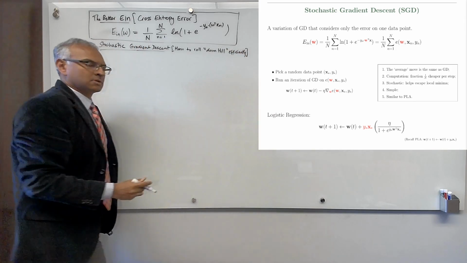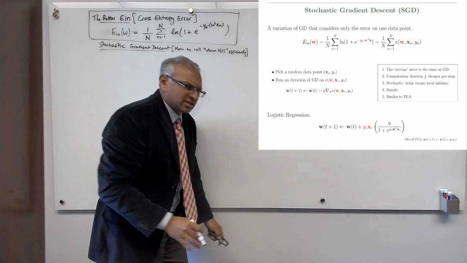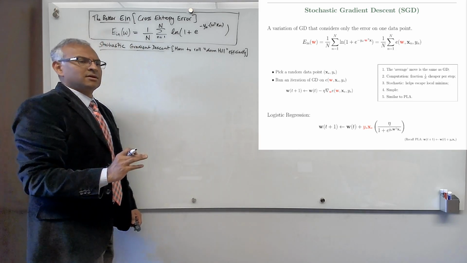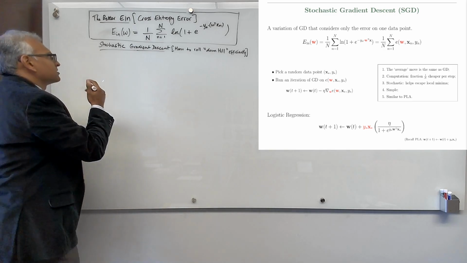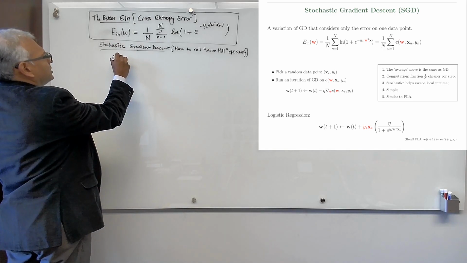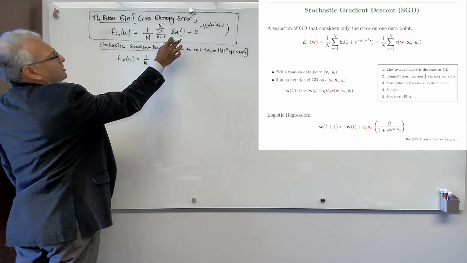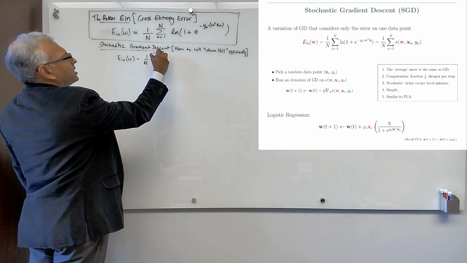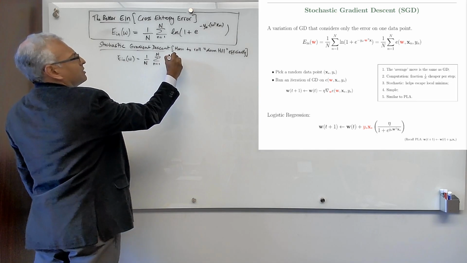Now, gradient descent guarantees that you will always minimize the ensemble error. Stochastic gradient descent does not guarantee you that. The basic idea is very similar to the perceptron learning algorithm, PLA. The ensemble error, En of W, is 1 over n times a sum from n equals 1 to big N of a little error for the data point xn.